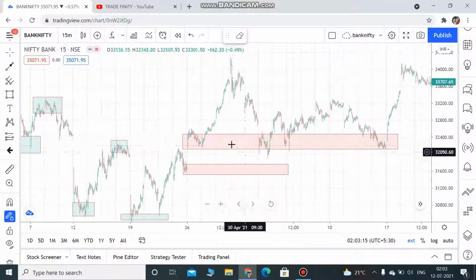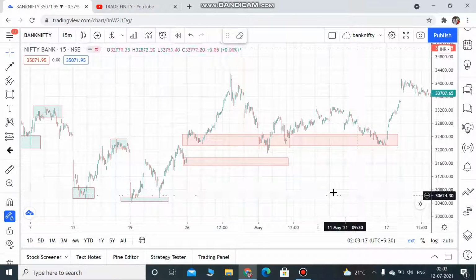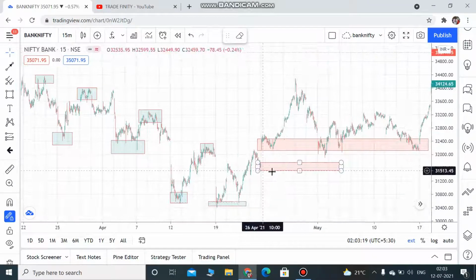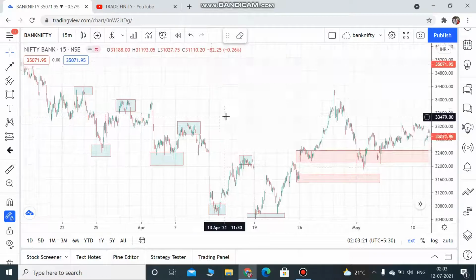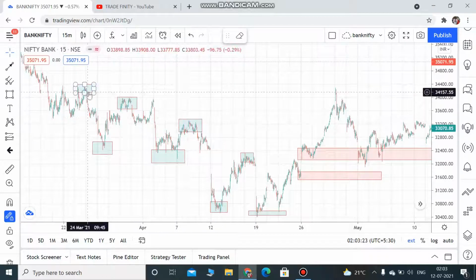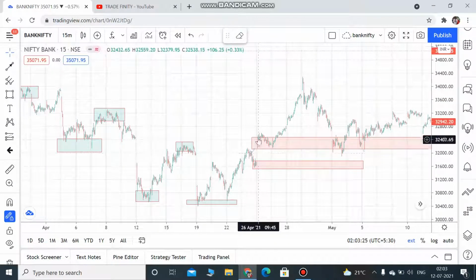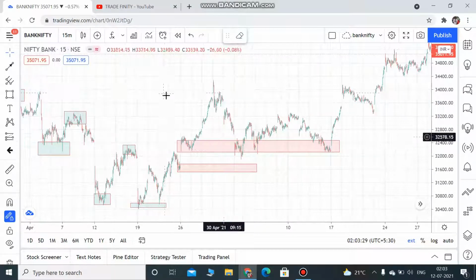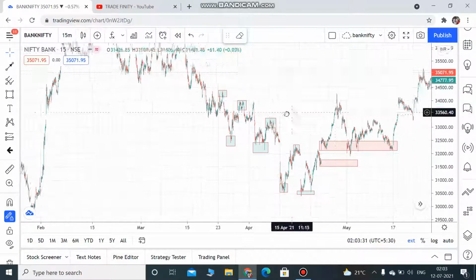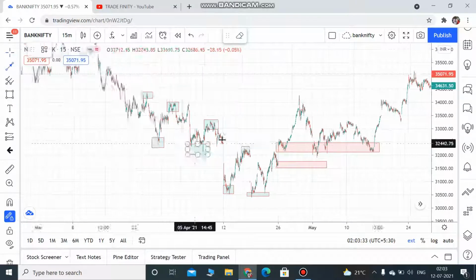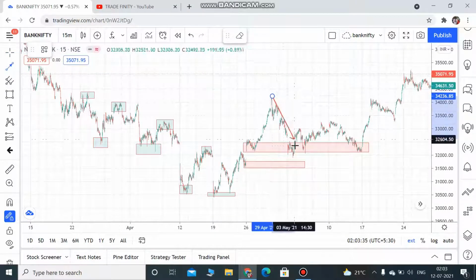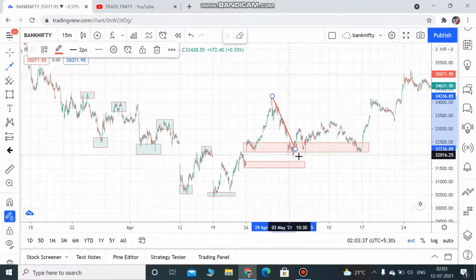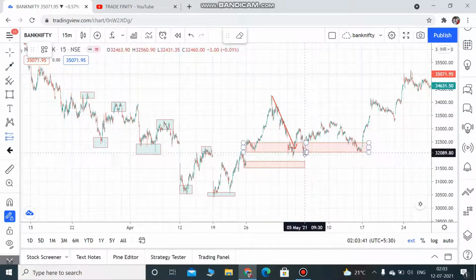So I will be marking this, which is the reason why it broke out all this resistance, right? So this will become one of the significant supports. Once you mark this, it is so simple to trade: whenever the market comes to this particular support, you have to buy, a long position.